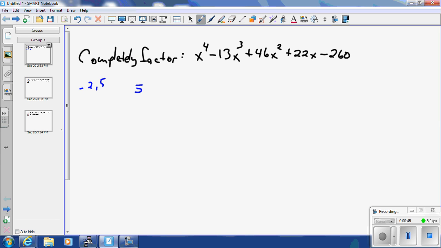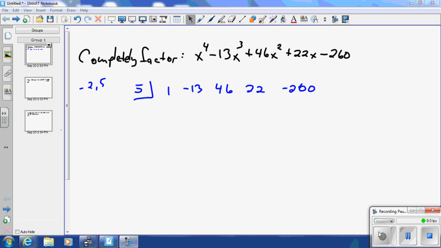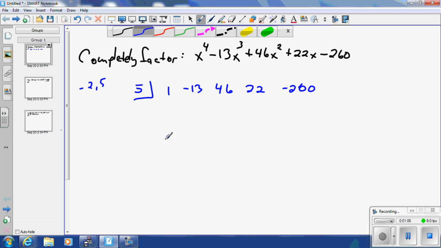So if I put 5 inside the box, and I have 1, -13, +46, 22, and -260. And let's see here, this is going to synthetically divide.